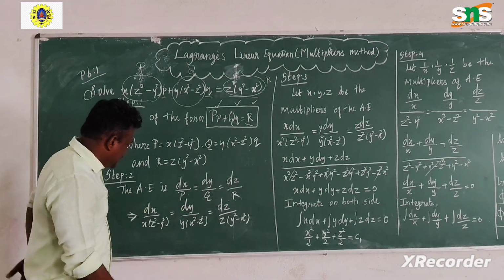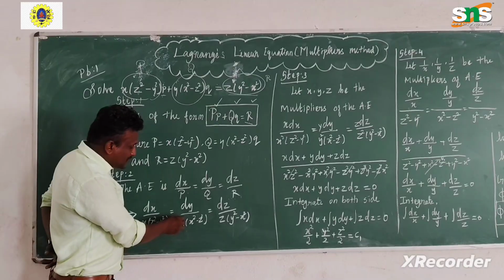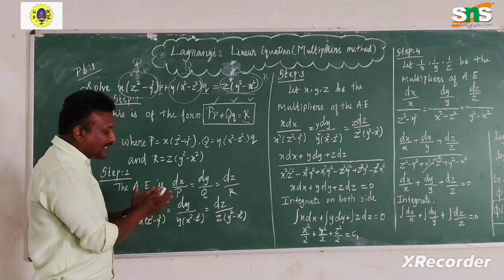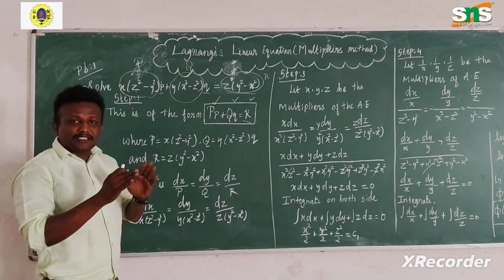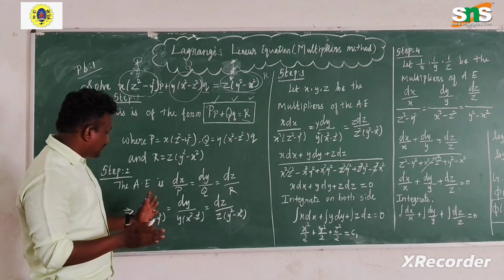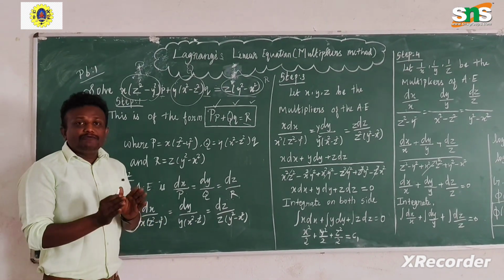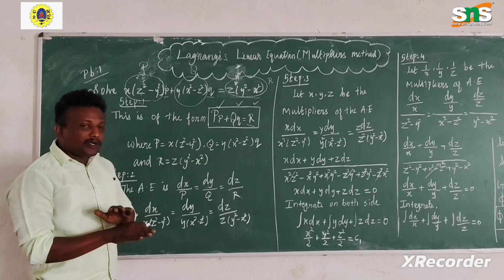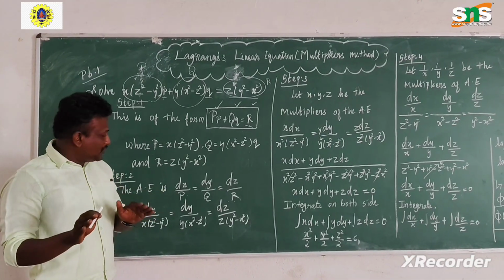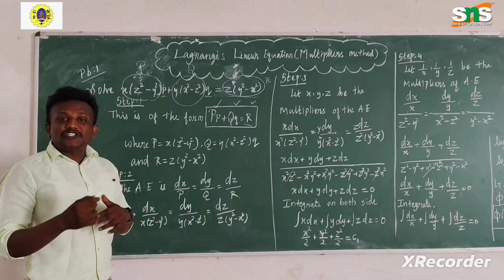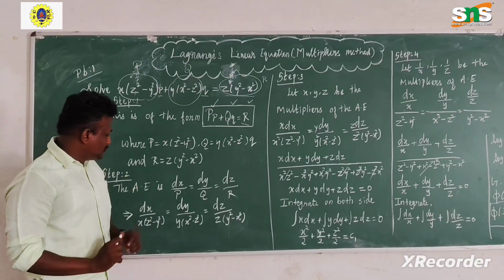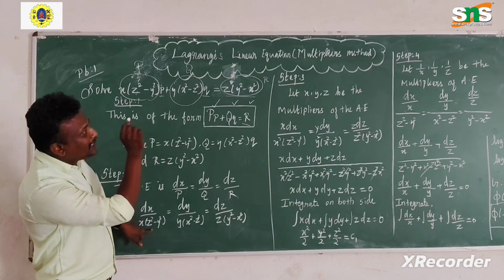So let us see here. I'm just separating the variables. If the variables can be separated into different parts, then you can use the grouping method. If you cannot separate the variables, you can't use the grouping method, and instead you have to use the multipliers method.